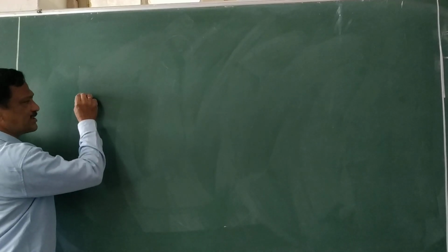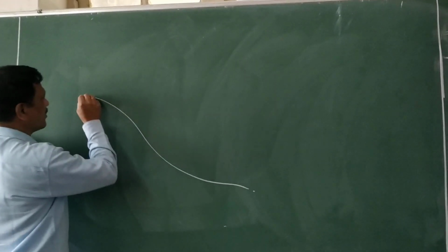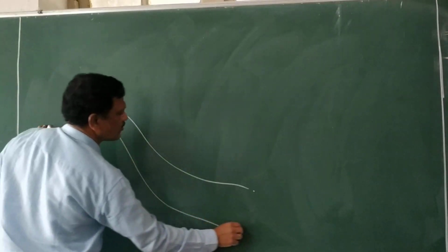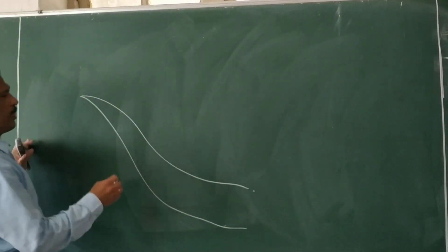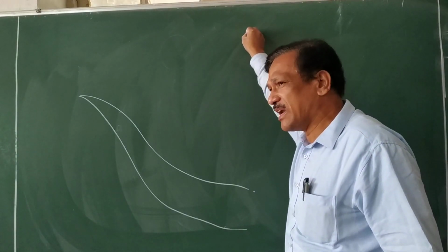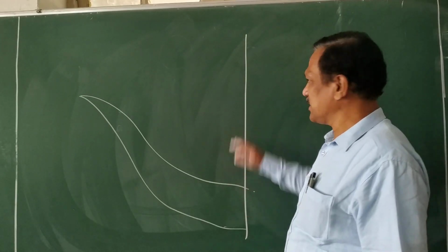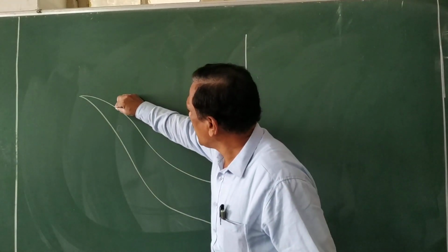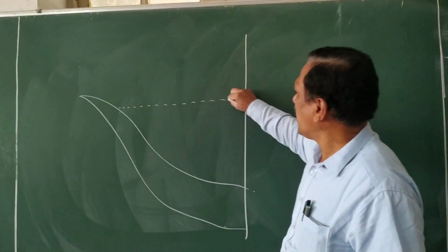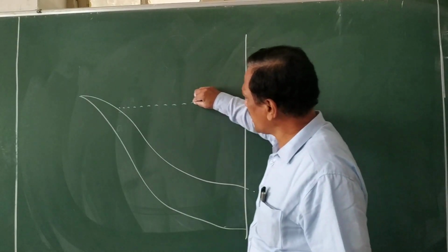So this is the pond, structure of pond. And let's cut here with the help of a glass sheet. Imaginary. So this is the glass sheet. And what is this? Water. Surface of water.